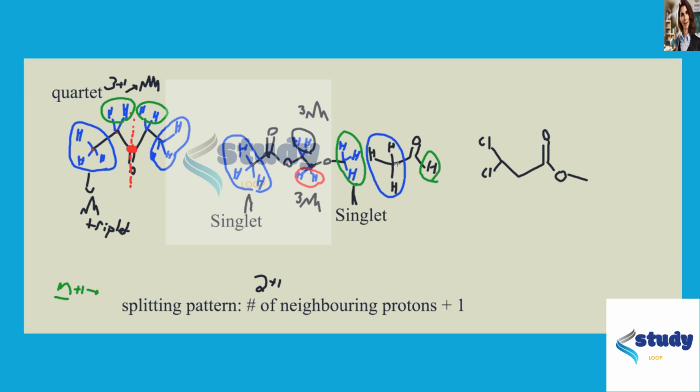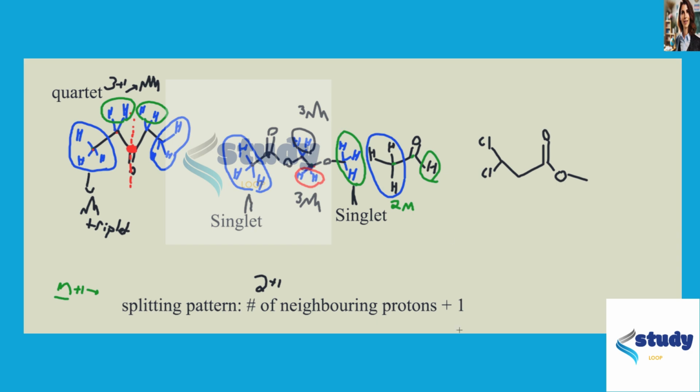So if we look at determining the splitting pattern, if we're interested in these 3 protons, we see that this central carbon that has these 3 protons bound to it is directly bound to another carbon here. This carbon has 1 proton attached to it, so it has 1 neighboring proton, so 1 + 1 equals 2. So these 3 protons are represented by a doublet. So here we have a doublet for these 3 protons.